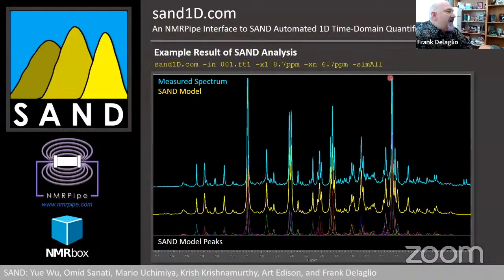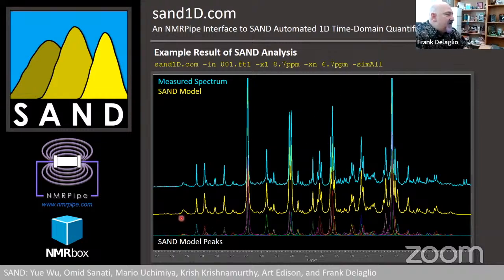In order to make this as convenient as possible to use, we implemented it inside NMRPipe in a tool called sand1d.com, which you'll see later, which is a way that you can name a spectrum and an analysis region and leave it alone and come back and get a result.